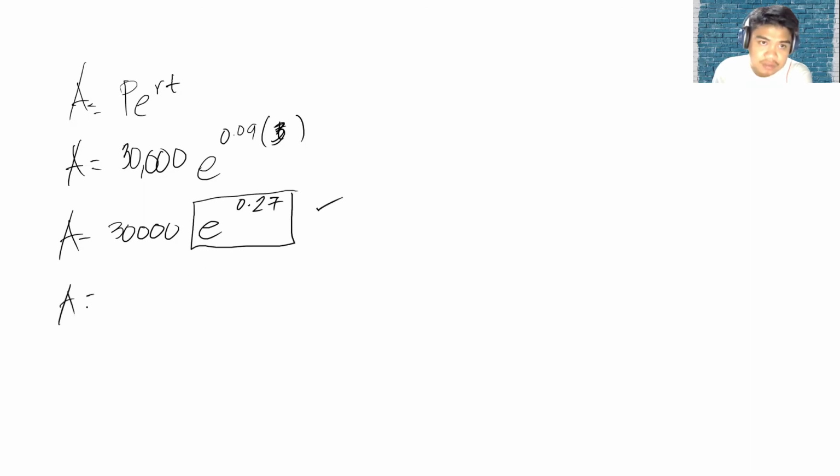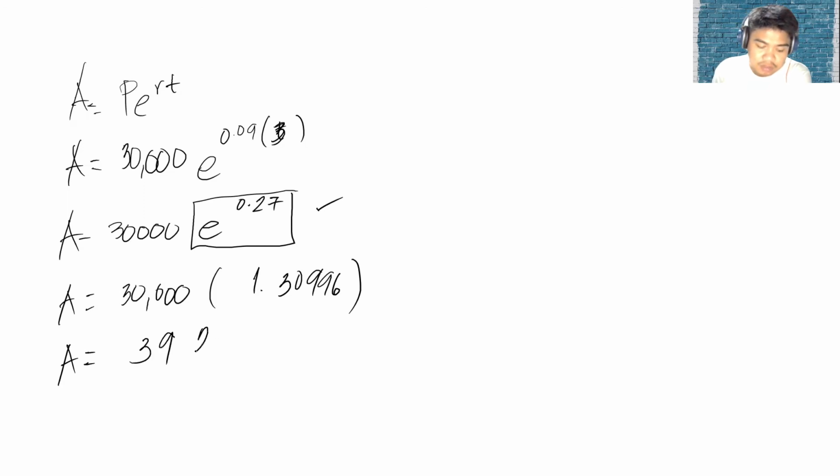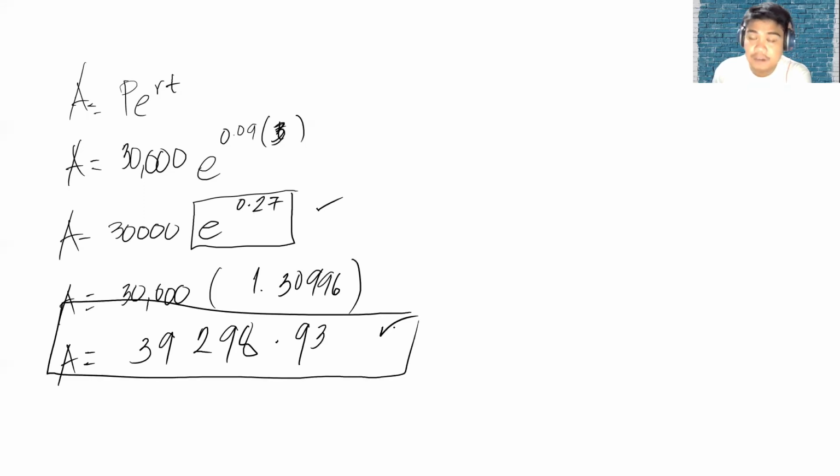We have A is equal to 30,000 times 1.30996. So we have A is equal to 39,298.93 pesos. So this is our final amount for the 30,000 compounded continuously at 9%.